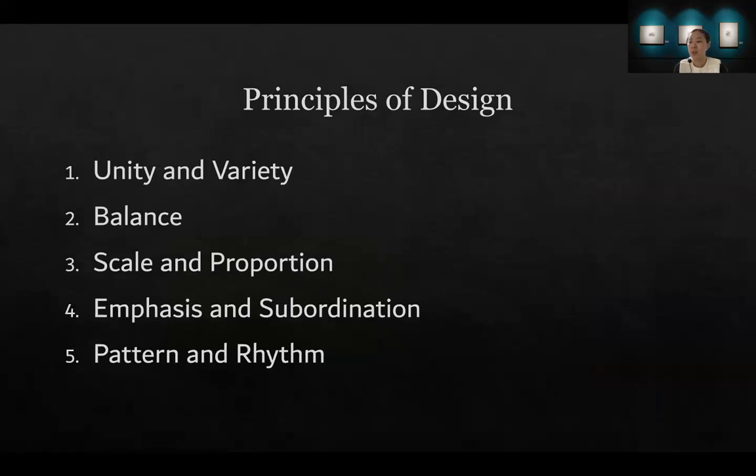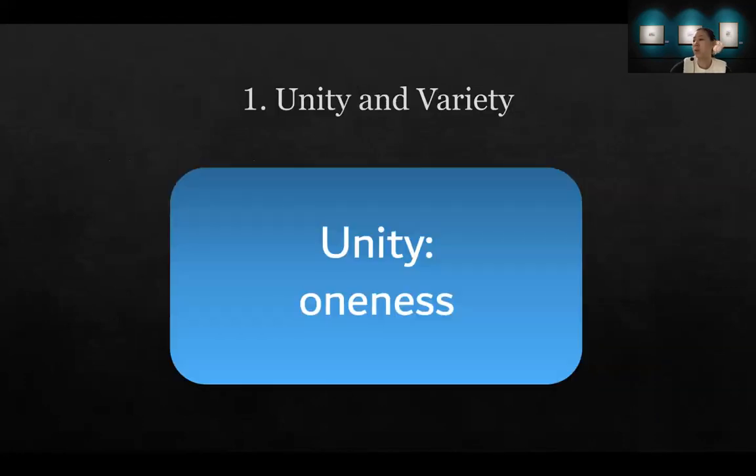Today we are going to see the first 3 principles: unity and variety, balance, and scale and proportion. So let's see unity and variety first. Unity is the sense of oneness, things belonging together and making up a coherent whole.